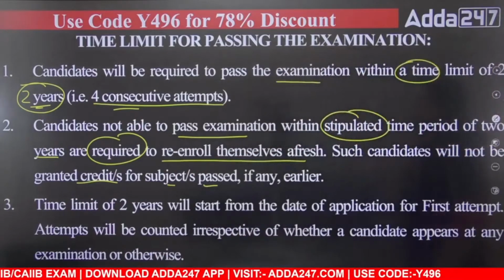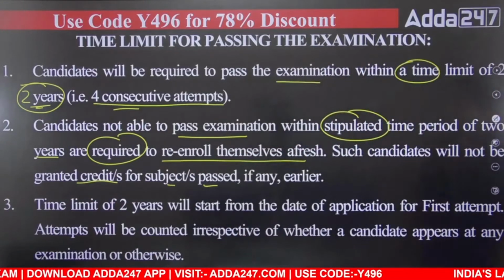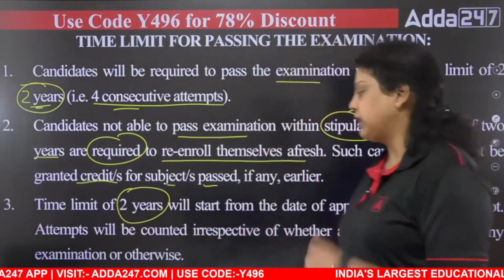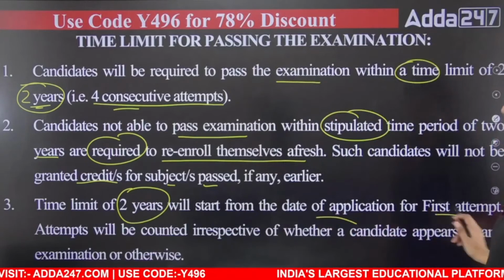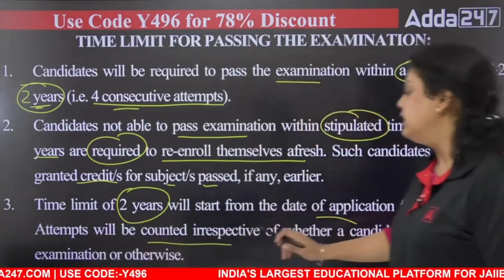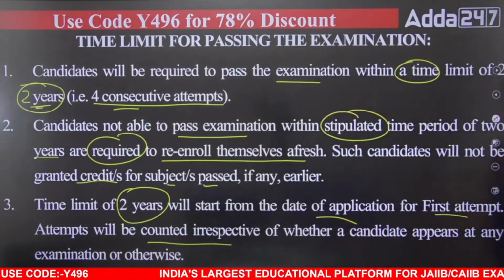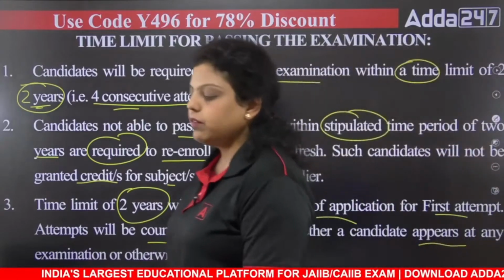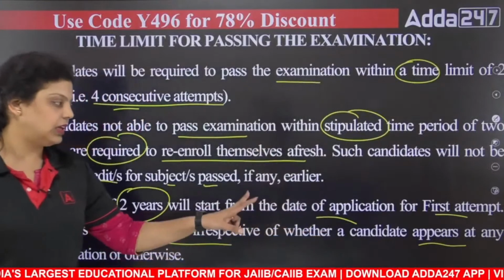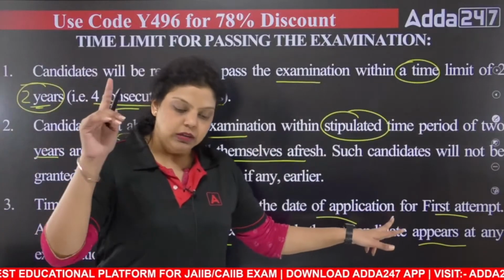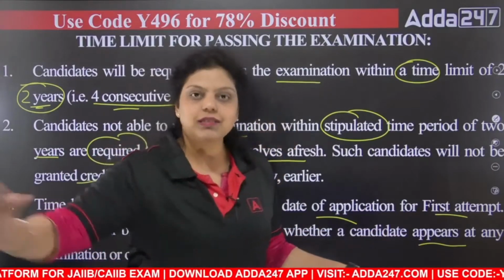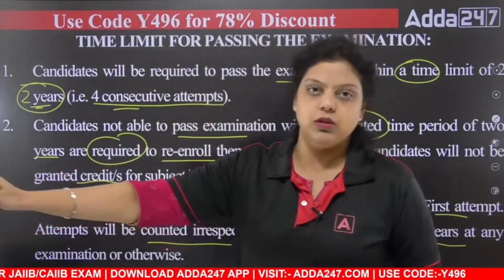Now, the time limit of 2 years will start from the date of application. The 2 years will start counting from the date of application for the first attempt. Attempts will be counted irrespective of whether a candidate appears at any examination or otherwise. So whatever the date of your application is, from that date we start counting the 2 years and the 4 consecutive attempts.